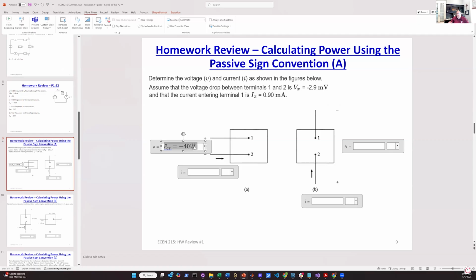So Vx was minus 2.9 millivolts from terminals 1 and 2, terminal 1 being the positive terminal, terminal 2 being listed as the negative terminal here. So this right here would be simply minus 2.9 millivolts. So you would put that and then millivolts here.